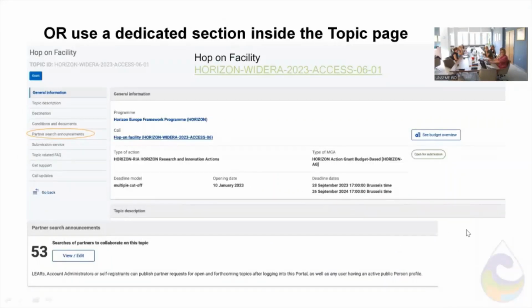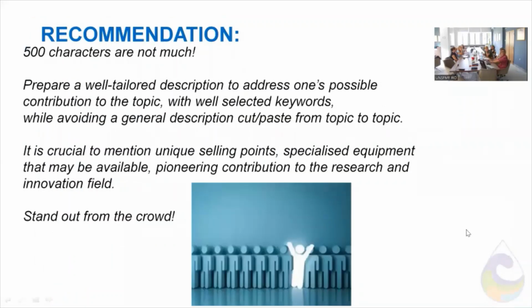Next online search tool. Now about this description that I just mentioned a couple of slides ago, is that you sit down, you brainstorm, make a very brief, very concrete description, do it spot on, specify what you need or what you're offering, and squeeze it into 500 words, because there is no more space.